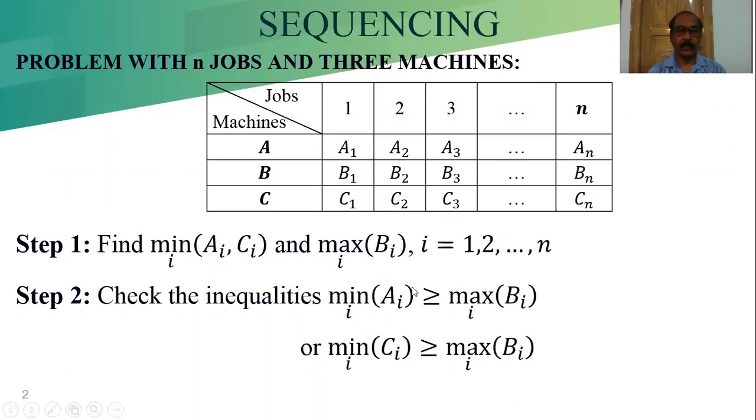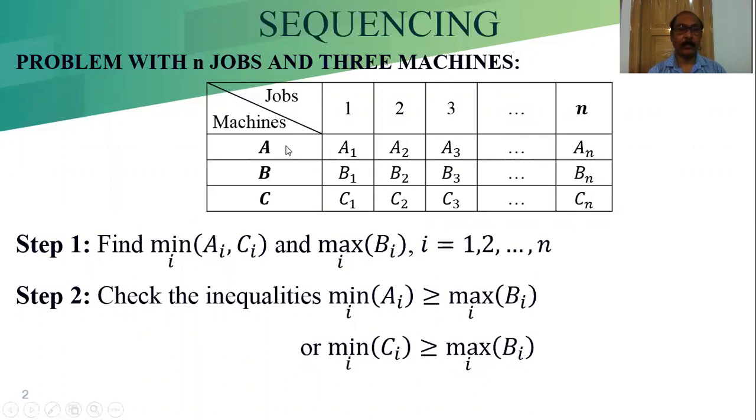Two things are there. Either the minimum of Ai is greater than or equal to the maximum of Bi, or it can satisfy the minimum of Ci greater than or equal to the maximum of Bi. If either one of these two conditions is satisfied, then we can say that we can convert the three machines problem to the two machines problem.